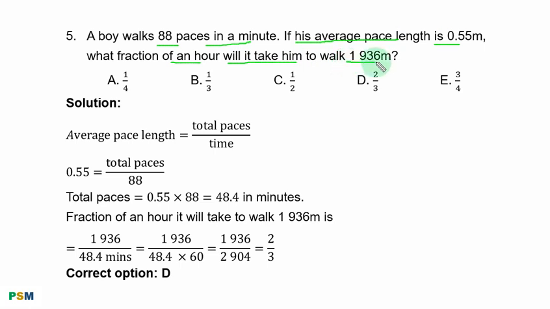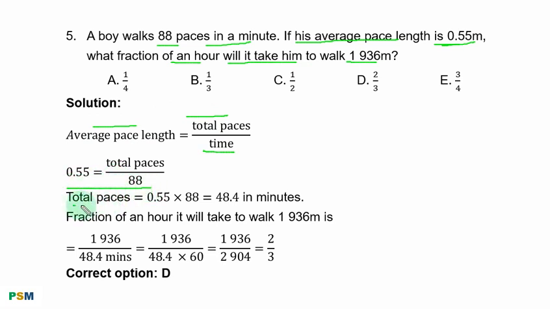We need to get the total paces whose average pace length is this. So average pace length is equal to total paces over time. You have it in this form.